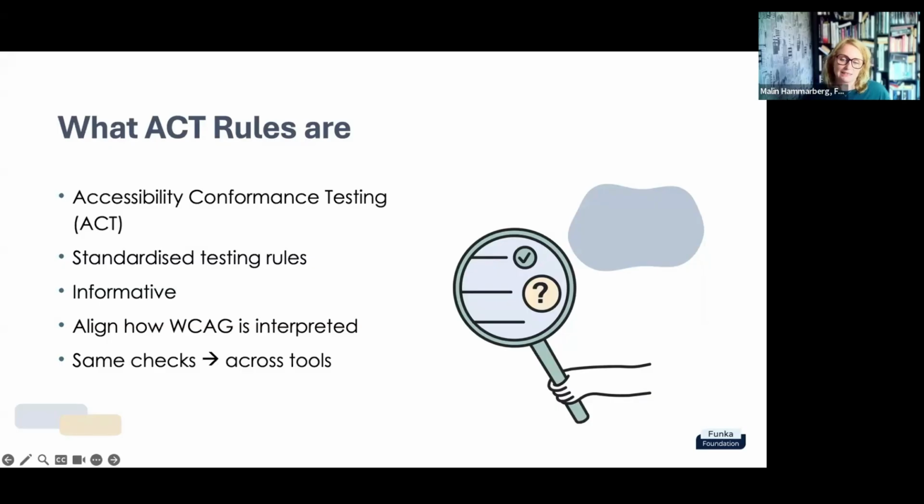So in practice, this means trying to ensure that different tools and evaluators are checking the same thing in the same way when testing against WCAG. And it's important to keep in mind that WCAG is often only one part of a broader legislation or standard, such as the European standard EN 301 549, that covers a lot more requirements than just WCAG.